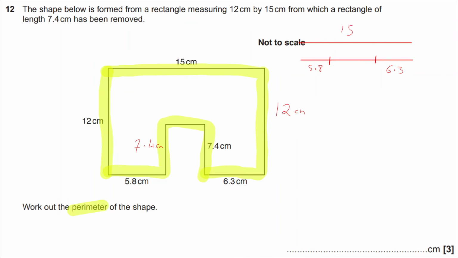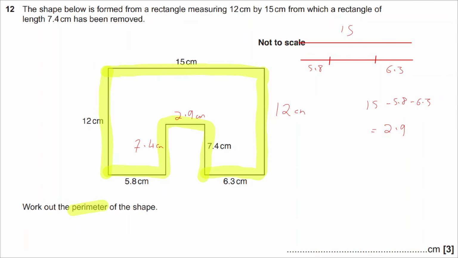To get just this part here, you just do 15 and take away this part and this part. So we can do 15, take away 5.8 and take away 6.3, and that's going to be equal to 2.9. So this here must be 2.9 centimeters.